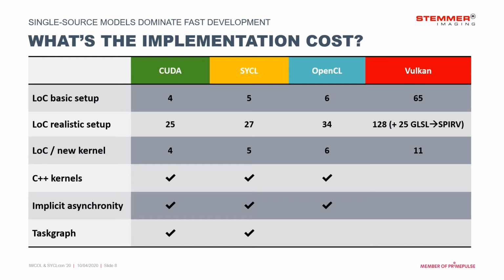Vulkan allows you to optimize many of those lines that you have to write here. So it's also an opportunity and not only a higher setup cost. In the realistic setup for Vulkan, I separated the somewhat more necessary parts from the GLSL to spoof online compilation, because you might also compile your code offline and I didn't want to pollute the numbers with it.